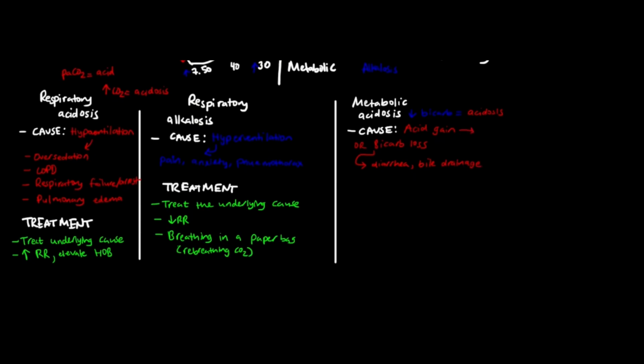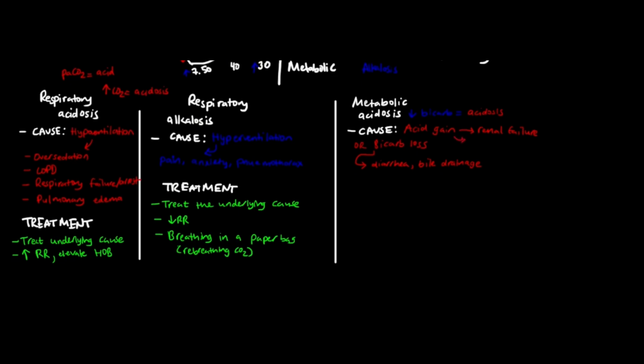And as for acid gain, this is going to look like a person who has kidney failure. The kidneys are responsible for reabsorbing bicarb from the urine. And so if someone has kidney failure or their kidneys are injured and they can't work as efficiently or as well as they're supposed to, you're going to have a lot of bicarb loss through the urine, putting us in a state of acidosis.